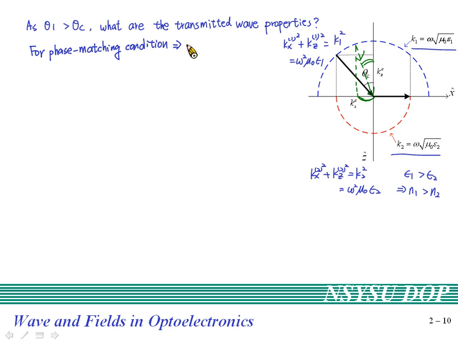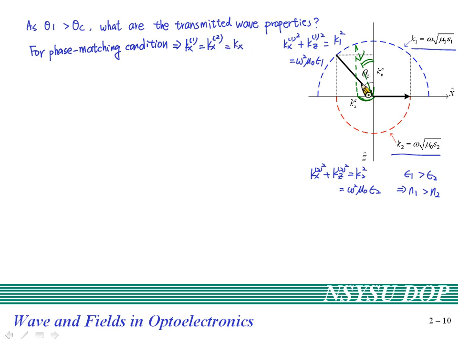So the tangential component of k1 is kx1, the tangential component of k2 is kx2. They should be equal to each other, so we can denote them as kx.